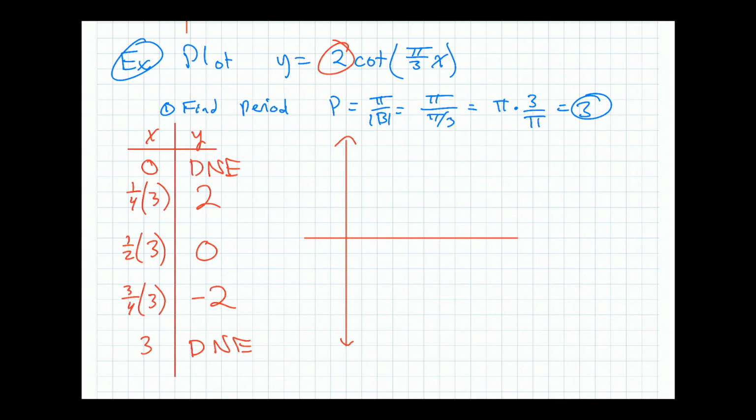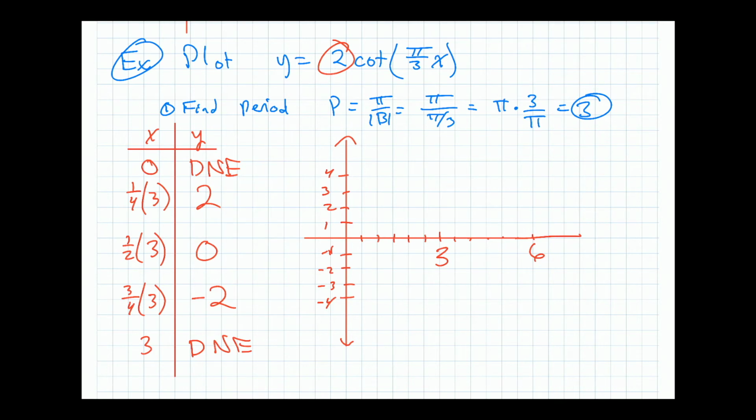So what do we need on the x-axis? We need to go up to 3. So let's just go 1, 2, 3, 4, 5, 6. So 6 is going to be at 3 actually. It would be 6. Okay. So that's what I want to do there. Now for my y values, I'm just going to go 1, 2, 3, 4, negative 1, negative 2, negative 3, negative 4.